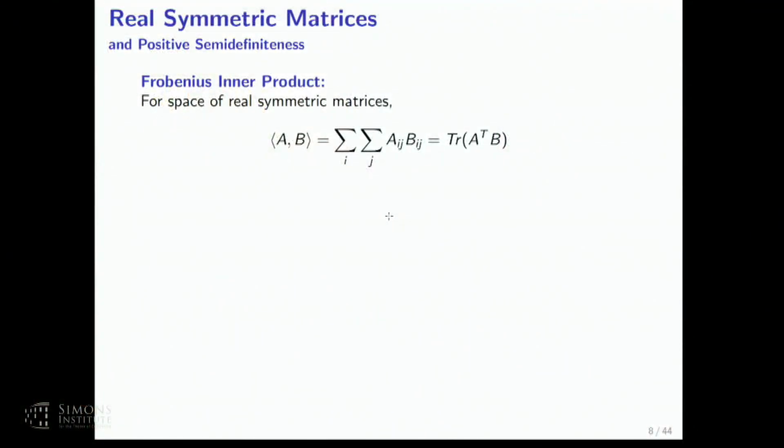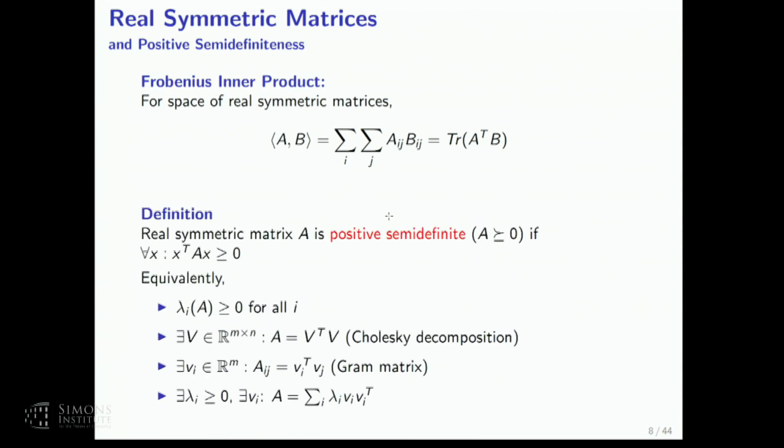So for example, in the case of positive semi-definite matrices, you can use the Frobenius inner product. And just a reminder, if linear algebra was a long time ago, a symmetric matrix is positive semi-definite if that quadratic form is non-negative, or equivalently you could say the eigenvalues are non-negative, or you could say that it can be factorized as V transpose V for some matrix V. So that's the Gram decomposition.